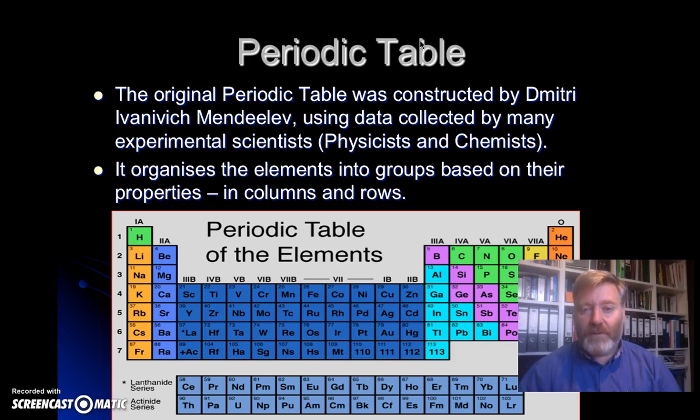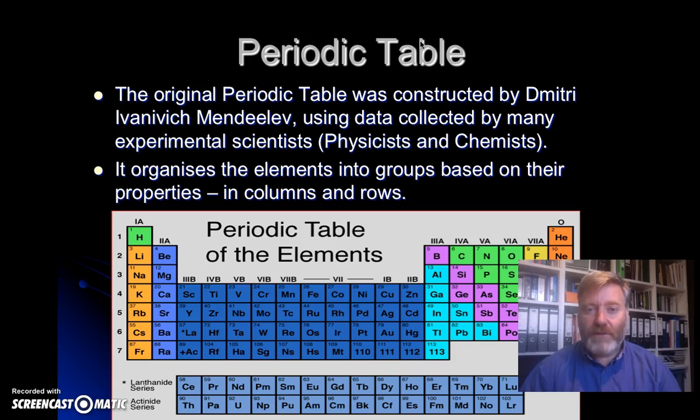We talk of Mendeleev having constructed a periodic table. And he certainly wasn't the first, and there were quite a few periodic tables around, but his tended to be the most accurate, and he was actually quite clever at being able to work out what he didn't know.